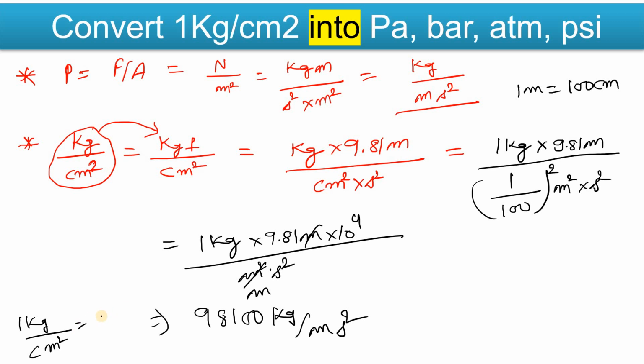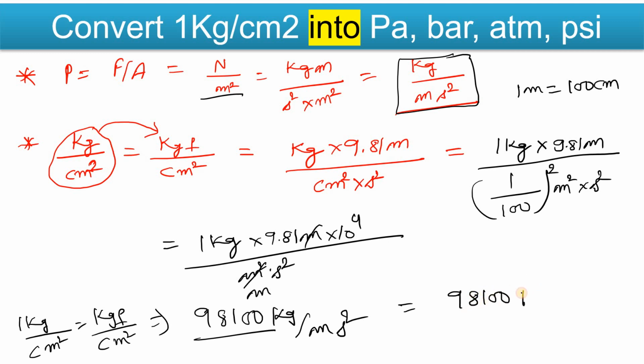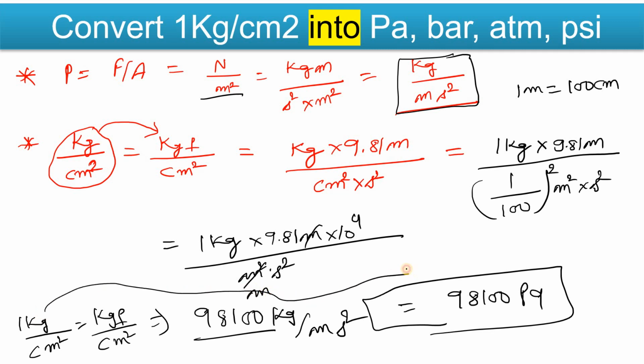I hope you will agree with my point, and this is also equal to kg force per centimeter square, and this is equal to kg per meter into second square. And you will agree that 1 Pascal is equal to kg per meter second square, right? So 1 kilogram force per centimeter square will be equal to 98100 Pascal.